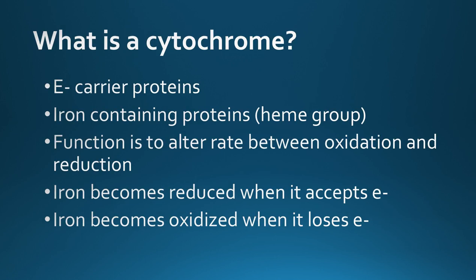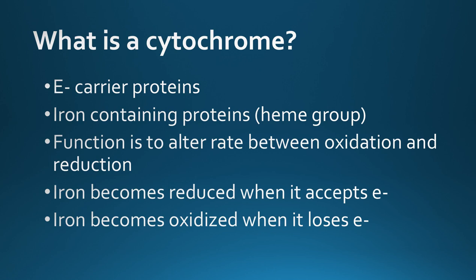Before we go into the electron transport chain, I need to introduce you to cytochromes. Cytochromes are proteins that carry electrons. One example of this is our iron-containing proteins in the heme group of hemoglobin. They can alter the rate between oxidation and reduction.